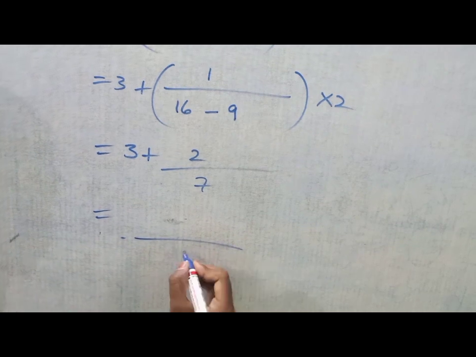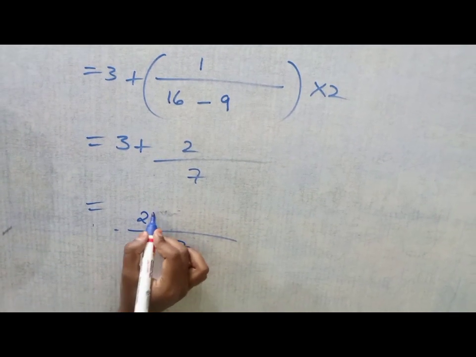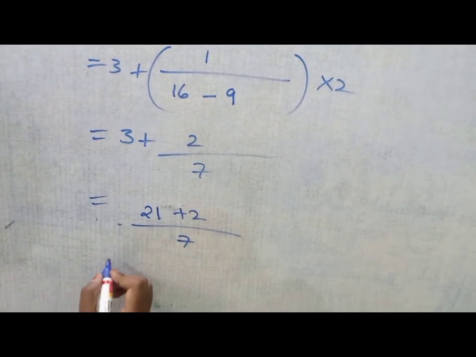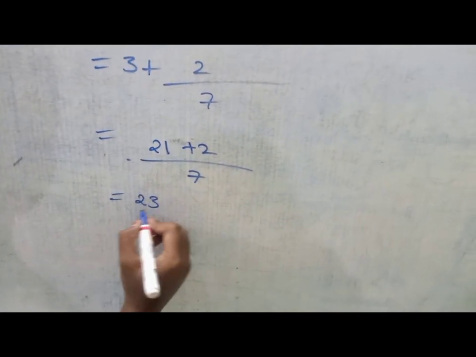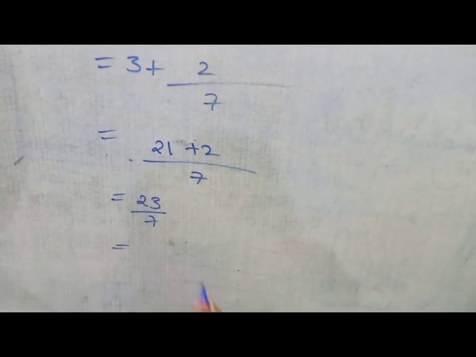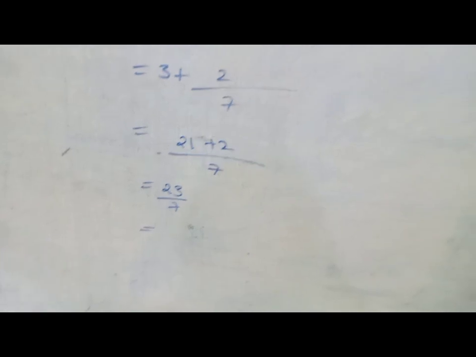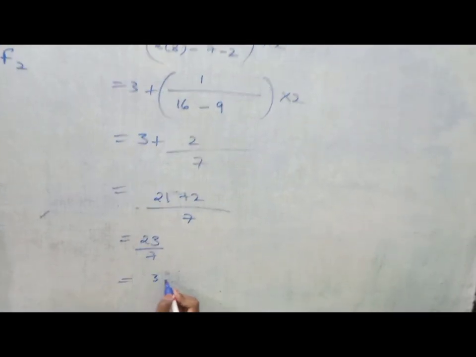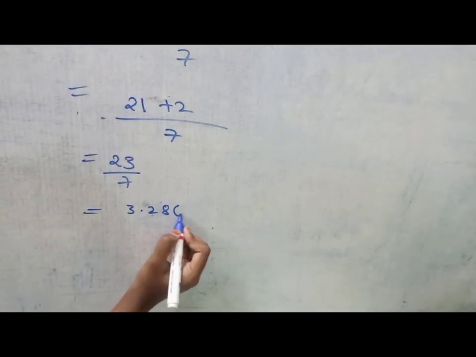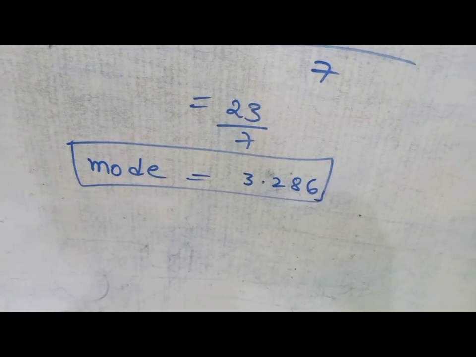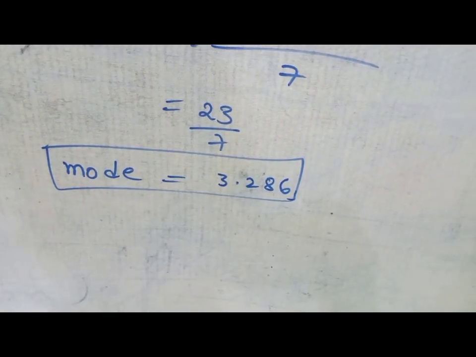Now the LCM becomes 7. 21 plus 2 is 23 by 7. So the answer becomes 3.286. So the mode is 3.286.